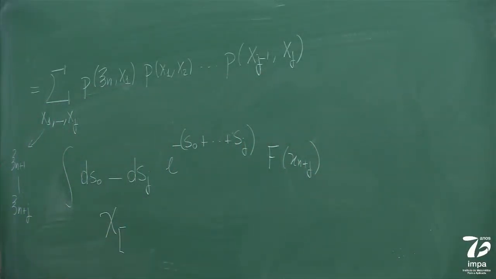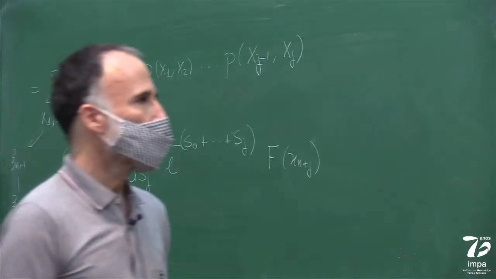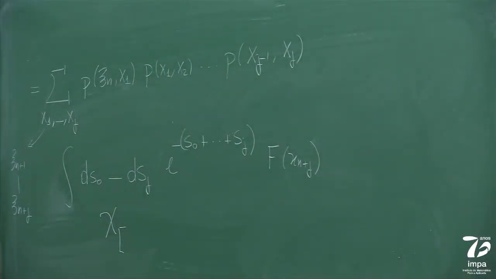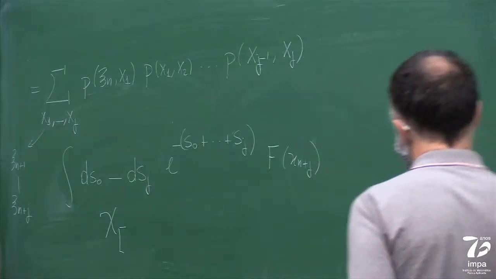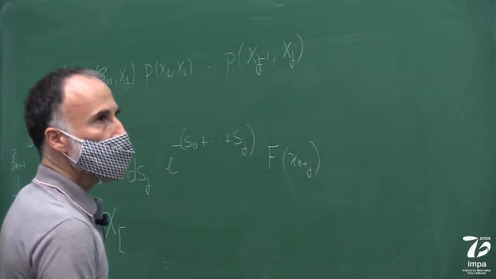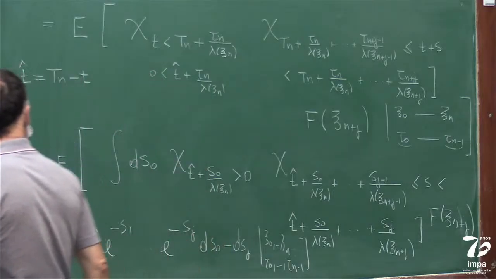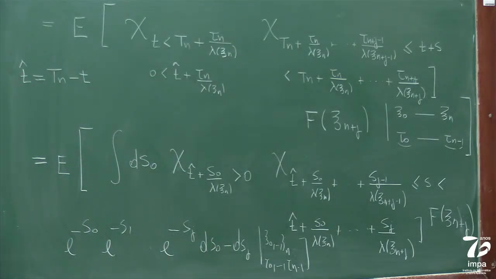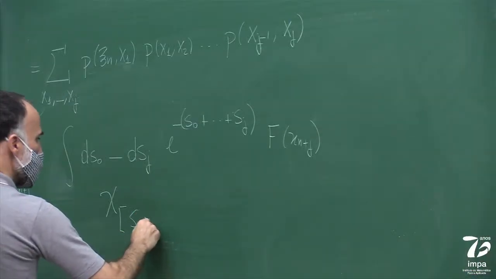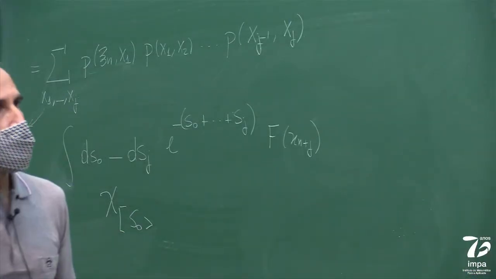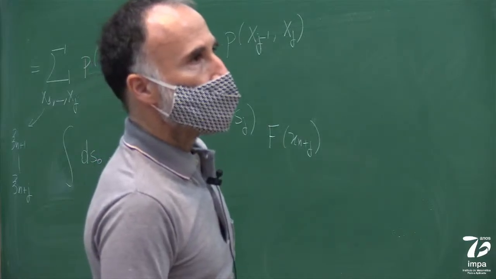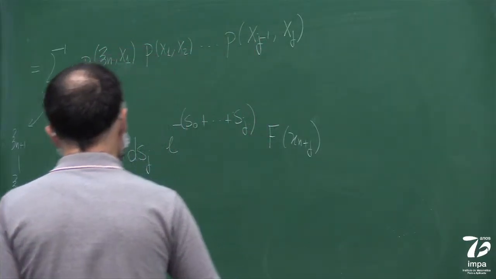So the indicator is that S0 divided by lambda of psi, so let's write this as x0, S0 divided by lambda x0, is larger than minus t.